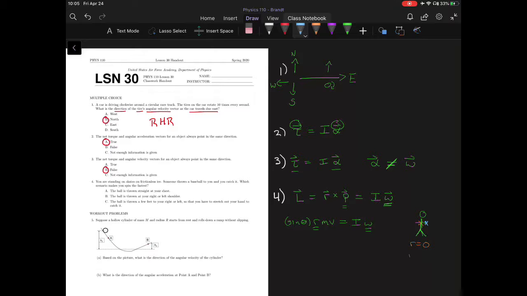So this is our shoulder, and that's our chest. So our shoulder is bigger than our chest. And then say our last one, we're going to throw it a couple feet out, so we're really going to have to stretch out there. So a couple feet away is definitely bigger than R of the shoulder. So if we think about that, the farthest one away makes us spin faster. So that would be C.